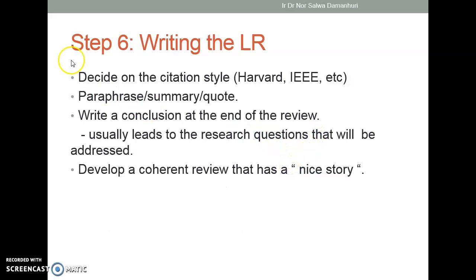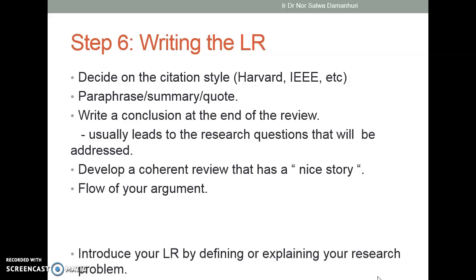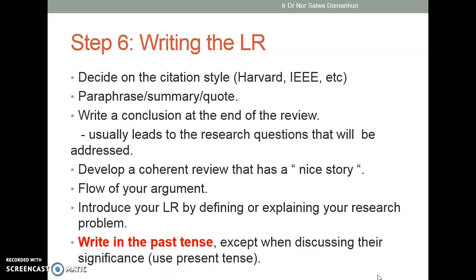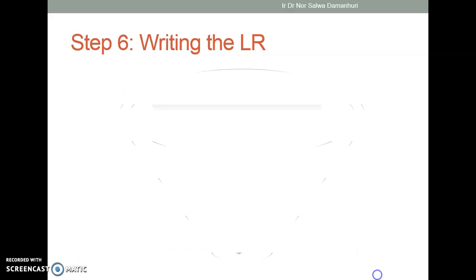Develop a coherent review that has a nice story, a flow of your argument, and introduce your literature review by defining or explaining your research problem. You should write in the past tense, except when discussing their significance, then use the present tense.